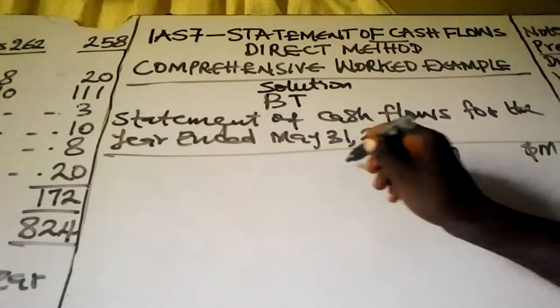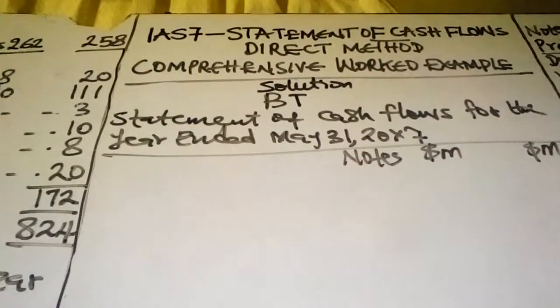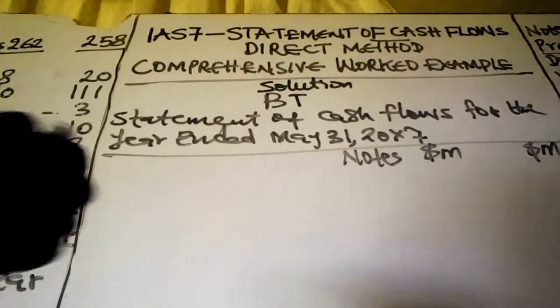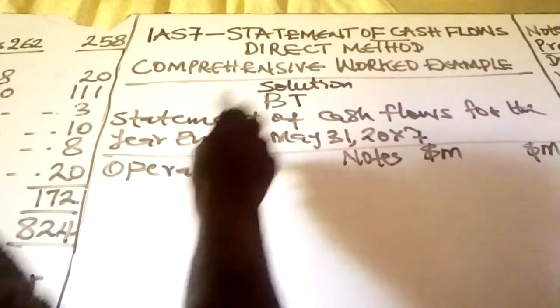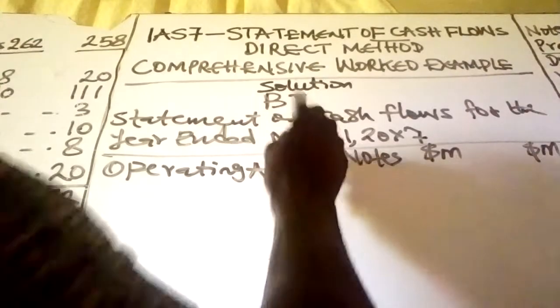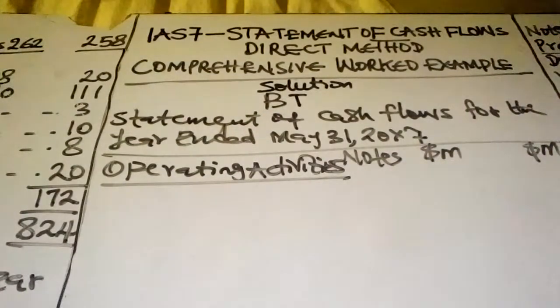So now let me have notes. The first heading is operating activities. If you have watched my earlier presentation, I've told you that operating activities are activities that arise in the normal course of business.